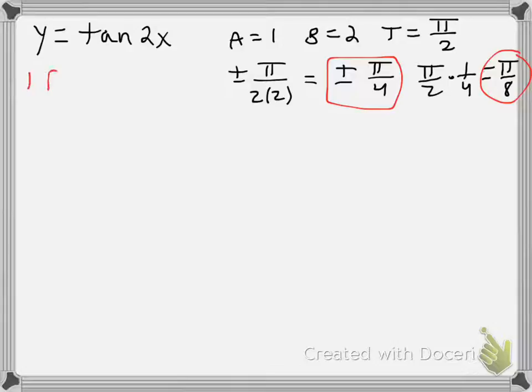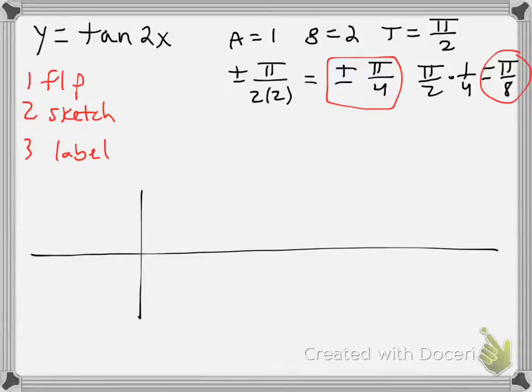So remember, we flip it if it's negative out in front, we sketch it and label it. With tangent, I tend to flip these two around, but you don't have to. You can sketch the generality. So I've got my tangent graph here, and I know that there's going to be an asymptote, so I'm just going to evenly space these here.